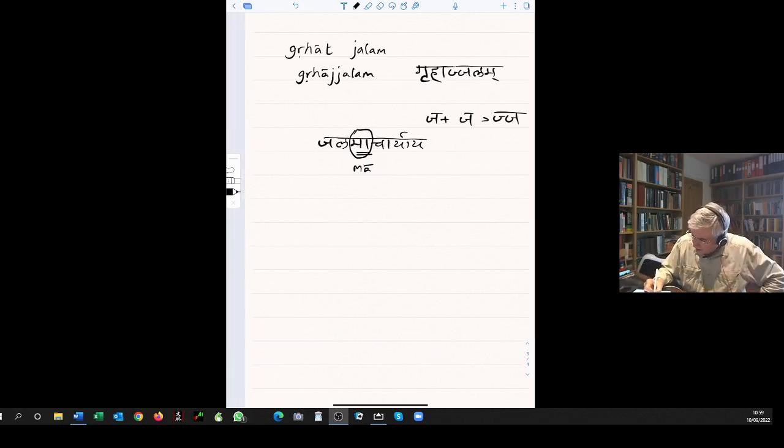This is an N, a tiny little bauble there, and make a double N like that. This is N. So, grihan nripasya ashveshu, from the house on the king's horses.